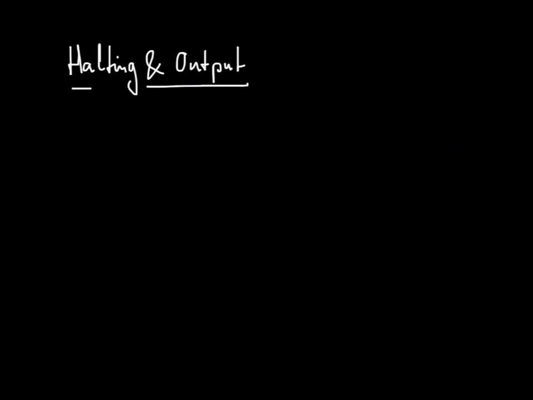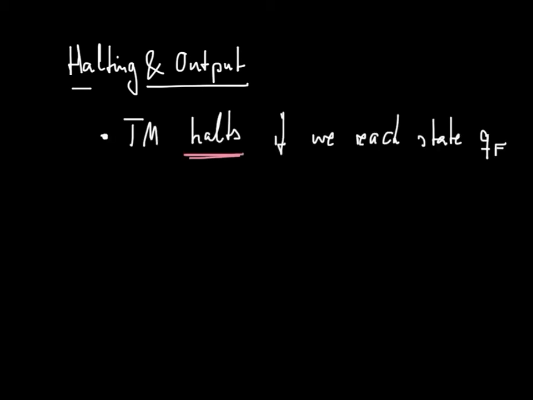So it should be clear now that we can iterate this step. So now, given the new current state and the new snapshot that we have, we can apply this procedure again and again. So does this procedure ever stop? Well, we say that the Turing machine halts if we ever reach state QF.